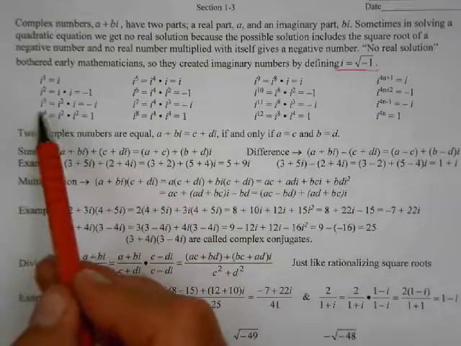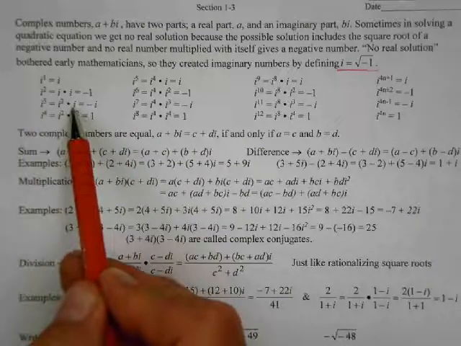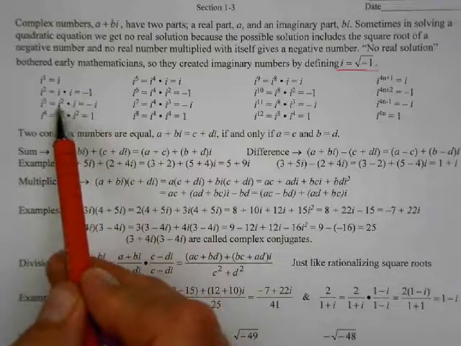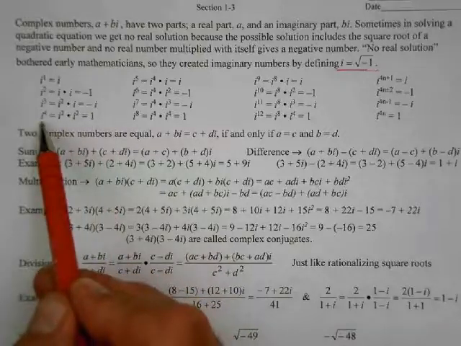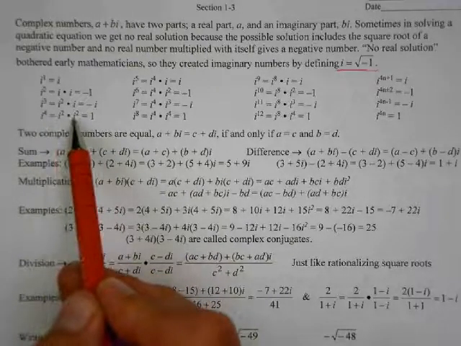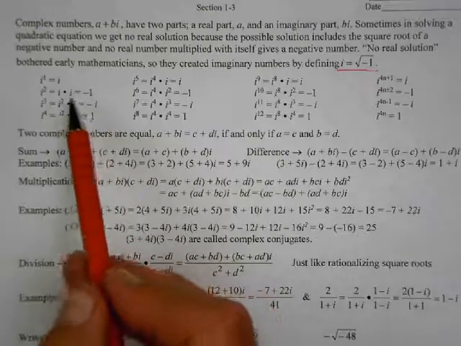If you have I cubed, well, that's really just I squared times I, and we've already said the I squared part is -1, so this is -1 times I, or -I. If you do I to the fourth, well, that's I squared times I squared, which is -1 times -1, which is a positive 1.